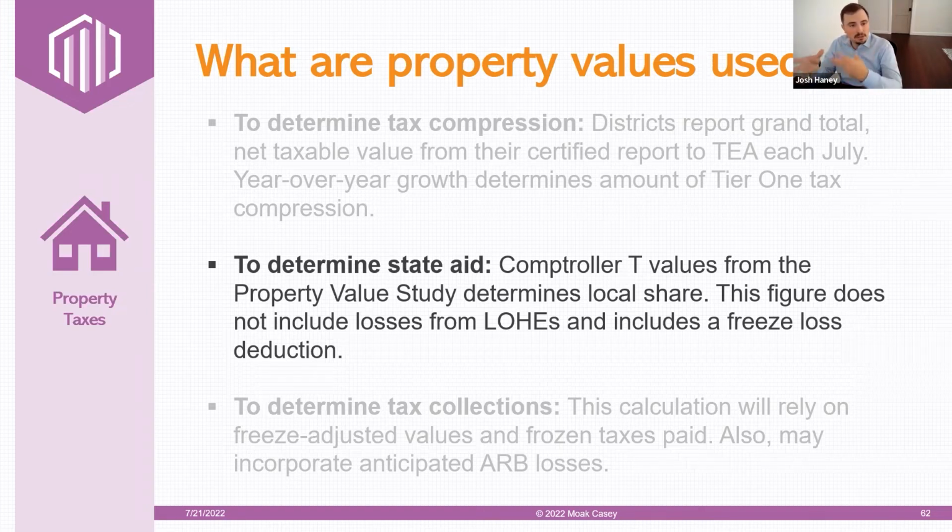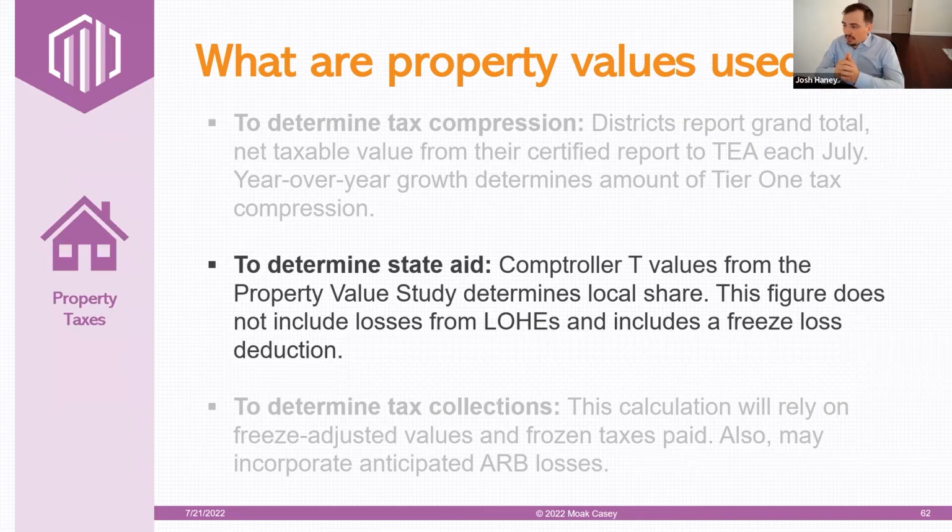If you are in a grace period or you have gotten state values assigned in 21, know that that's a possibility, and talk to your CAD about it and see what they're doing to fix it. But right at this point, we can't really forecast that. Okay, so we're just using the data that's on your certified report from your CAD.